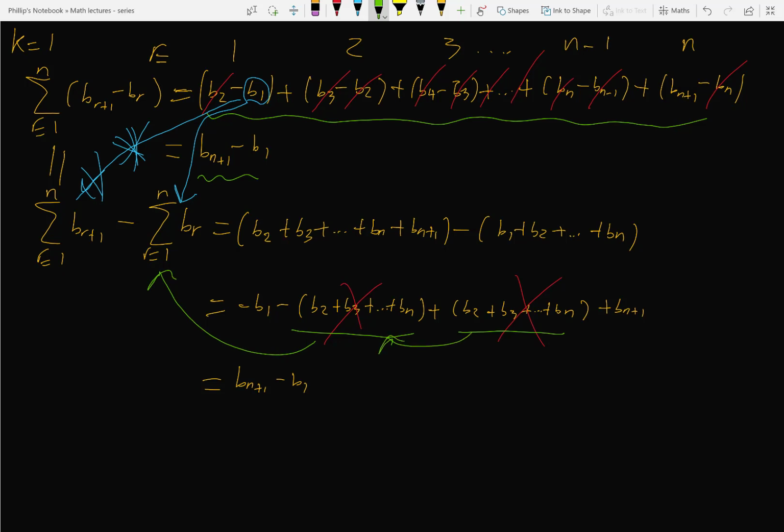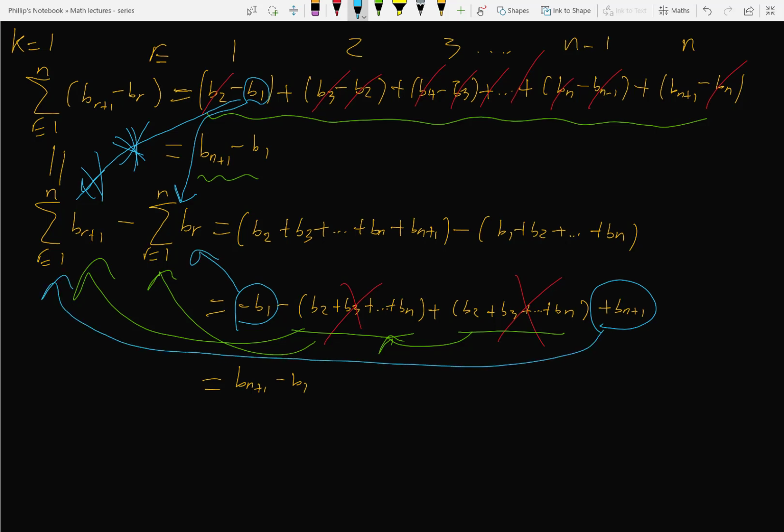But these other two do not. This term minus b1 appears in one sum and not the other, so it appears just in this one, and bn plus 1 appears just in this one. So if you break it down a bit further, that's the logic behind it.